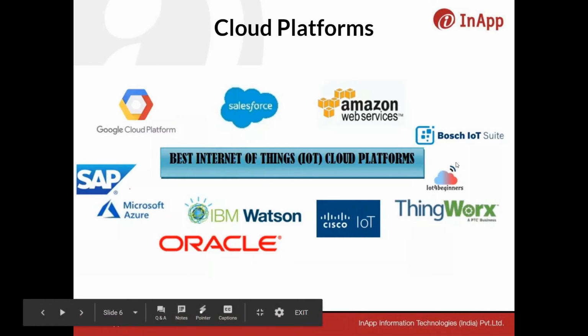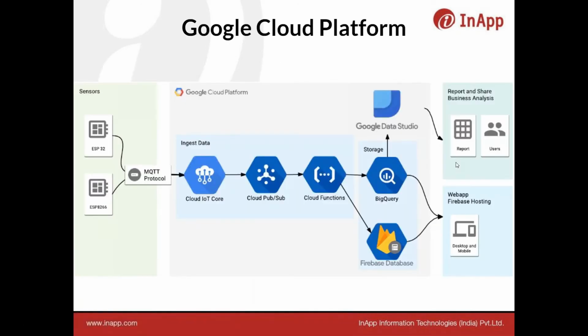Just briefly, we will look into Google Cloud Platform before we get into the details of AWS. Google's IoT service is called Cloud IoT Core. There is a publish-subscribe mechanism, and this is where the rules are: if the device sends some kind of information, you need to collect that particular information and act accordingly.